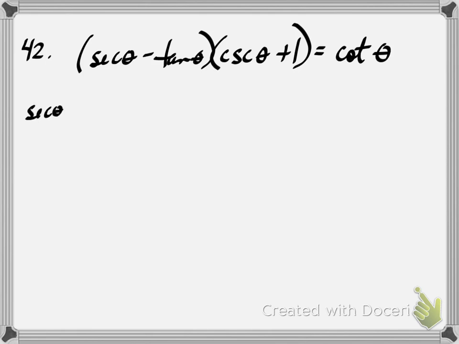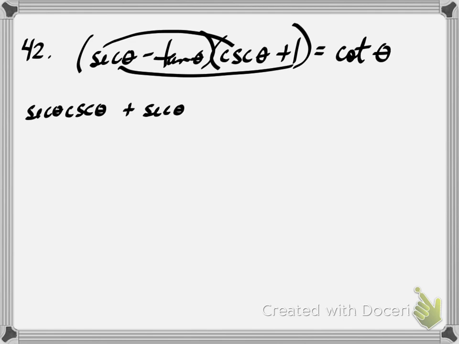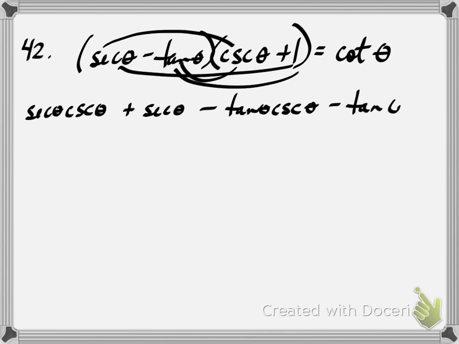We'll get secant theta times cosecant theta first. Outer is plus secant theta. Minus inner is tangent theta, cosecant theta. And last is minus tangent theta. This looks unfriendly at first, but if I switch it to sines and cosines, 1 over cosine times sine, 1 over sine.